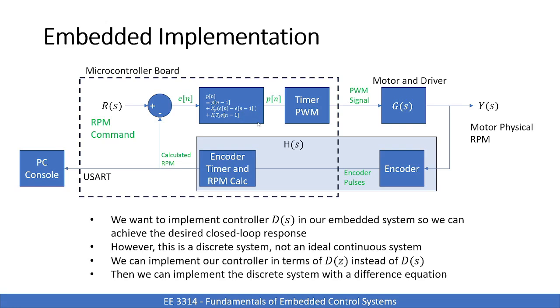This will let us calculate that PWM signal, or duty cycle, or pulse value, whatever you want that to represent, from the error signal, which is derived from our command minus our actual RPM. Now everything in the dashed line here is in discrete form, so we can implement that directly, and that's what we're going to do.